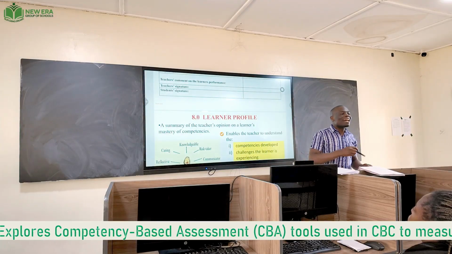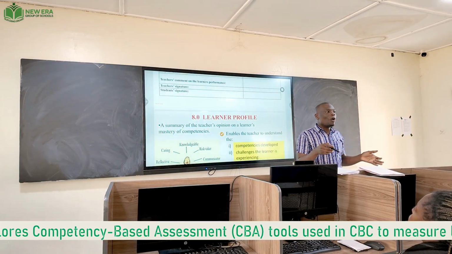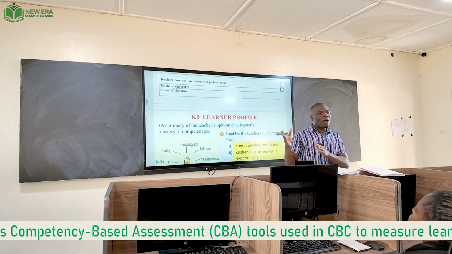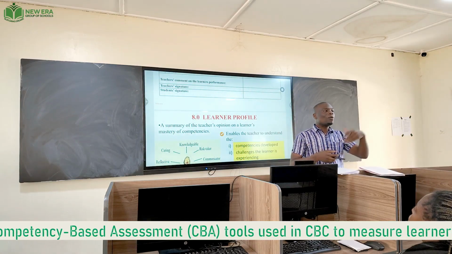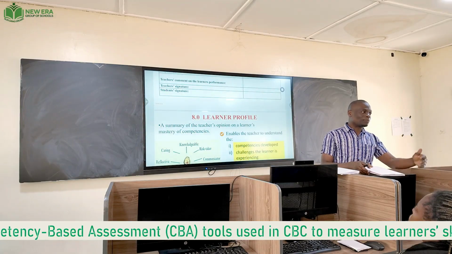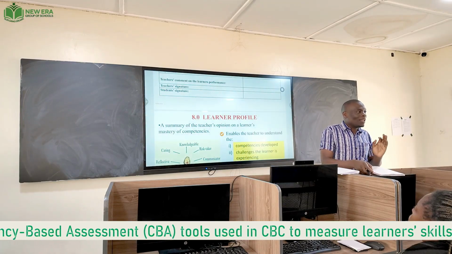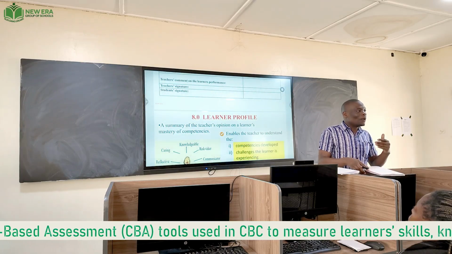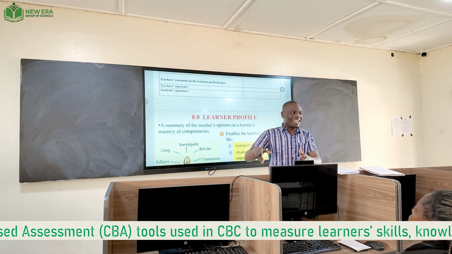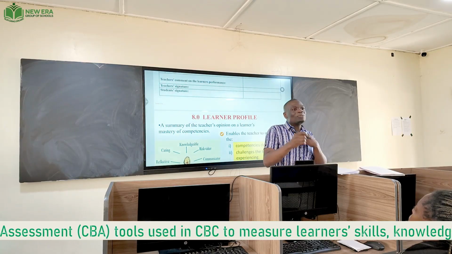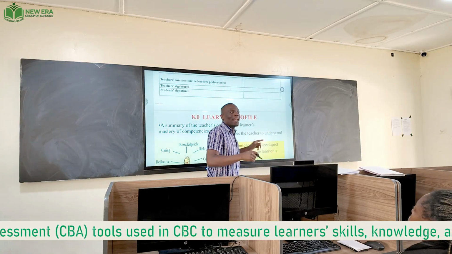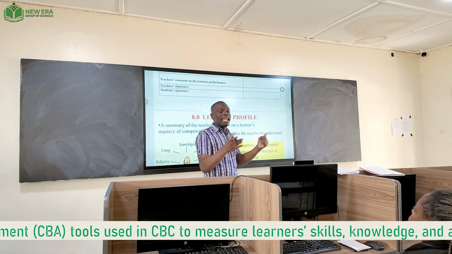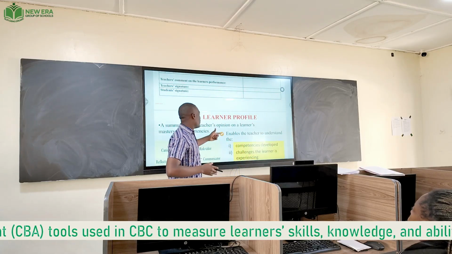The information that is gotten there is summarized. Now the teacher writes out a summary of how the learner looks like. For example, you have been singing well, you have been very obedient, you have been participating well in class. So the teacher will come and write a summary of you in the learner's profile.